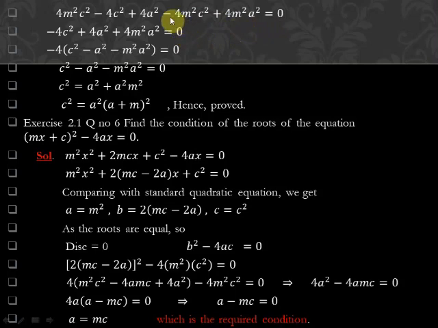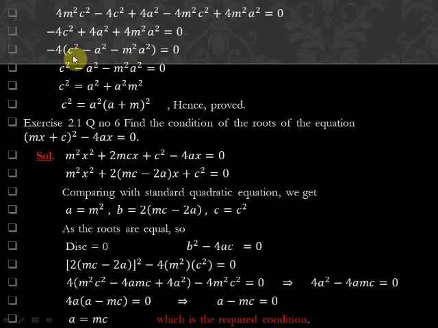Clearly, −4m²c² is cancelled with +4m²c². We will get −4c² + 4a² + 4m²a² = 0. We take −4 as common. We will get −4(c² − a² − m²a²) = 0.